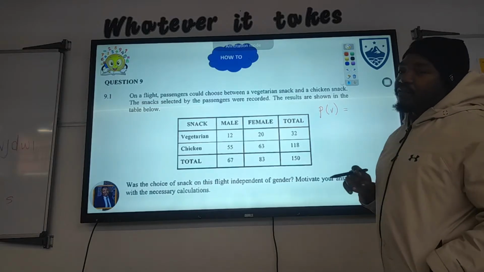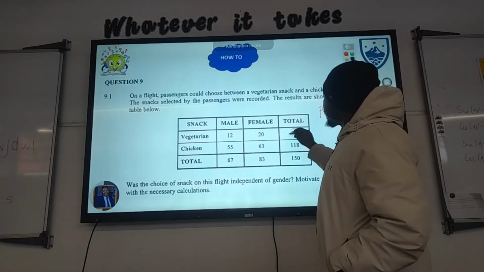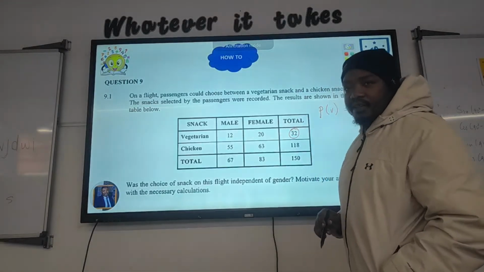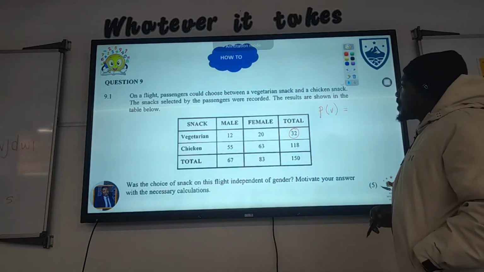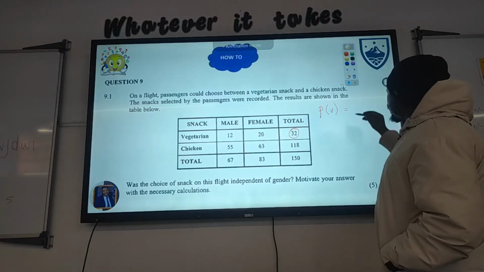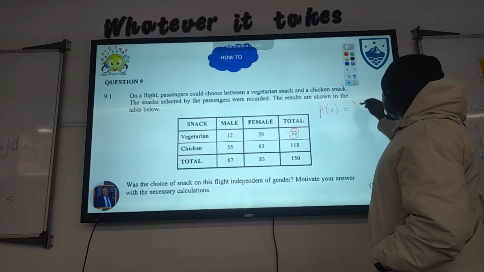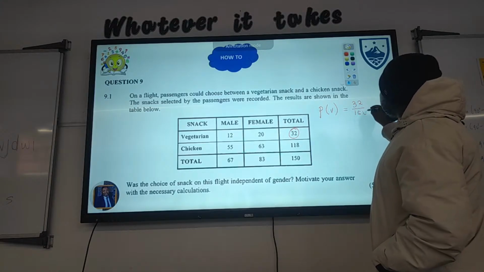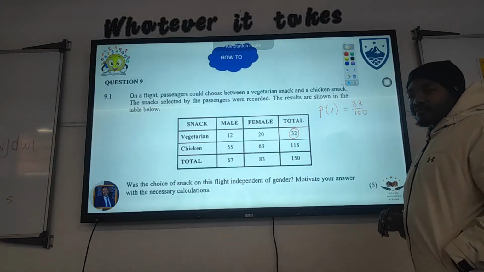The total number of vegetarian is actually 32. You see that? So the probability of a snack being vegetarian will be 32 over the total number, which is 150.